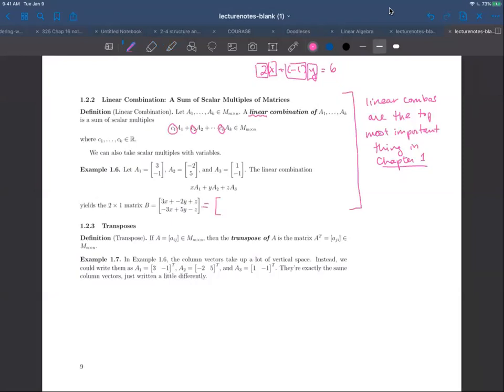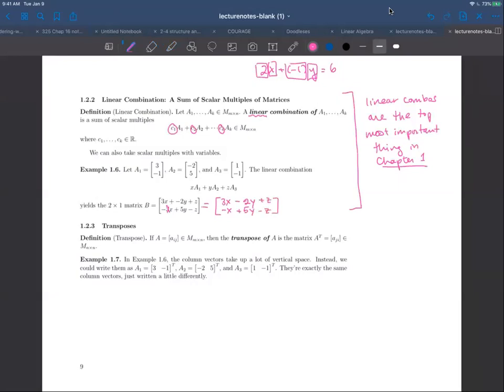I get the first vector A1 times x, so I get 3x, oops, typo here, times -x, right, when I scale that guy. And I get -2y, and then plus 5y when I multiply A2. And A3, I get plus z minus z, right?